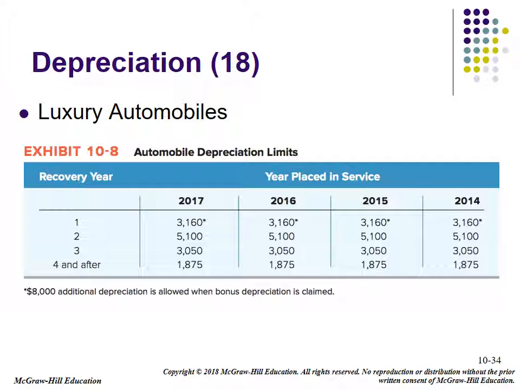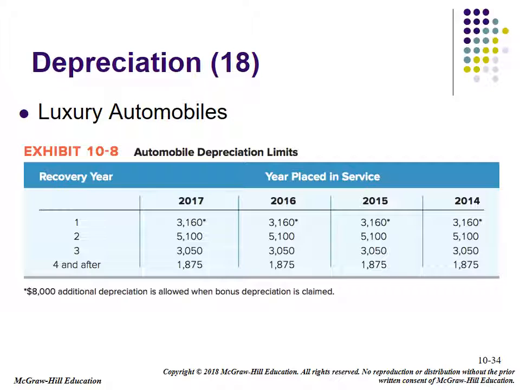Yep. So your total calculation would come out to 18,000. And then you look at your table, you go, oh no, I can only deduct 3,160. Now look at the little asterisk. You could take 3,000 plus 3,160 plus $8,000. So 11,160 is the maximum in that first year if you take bonus depreciation.